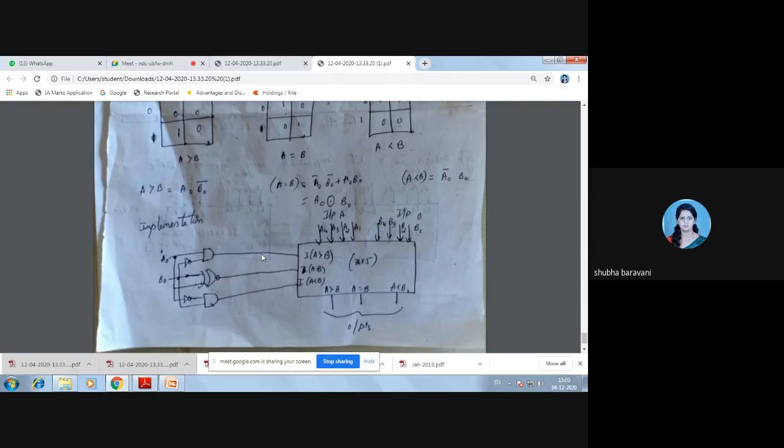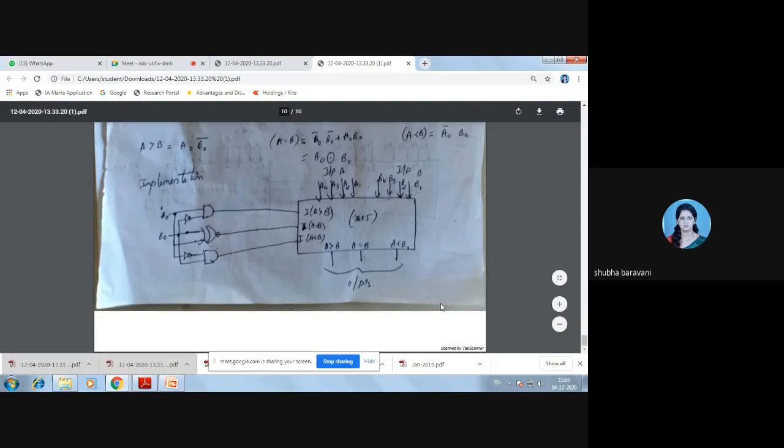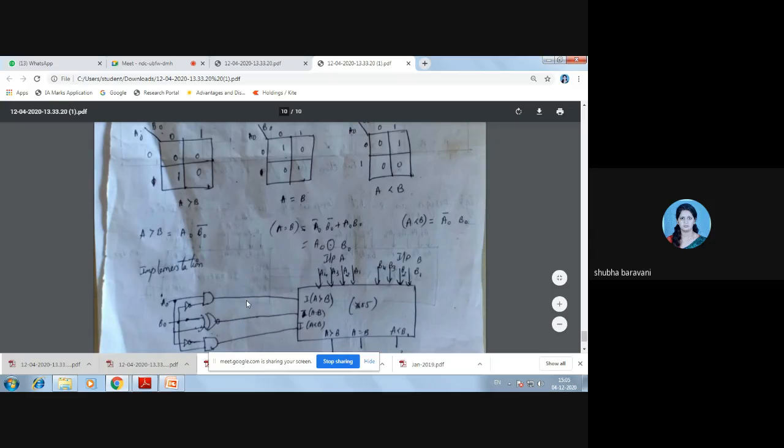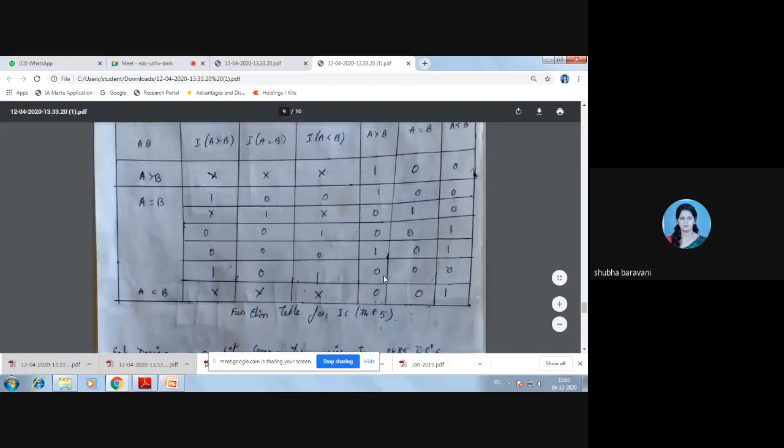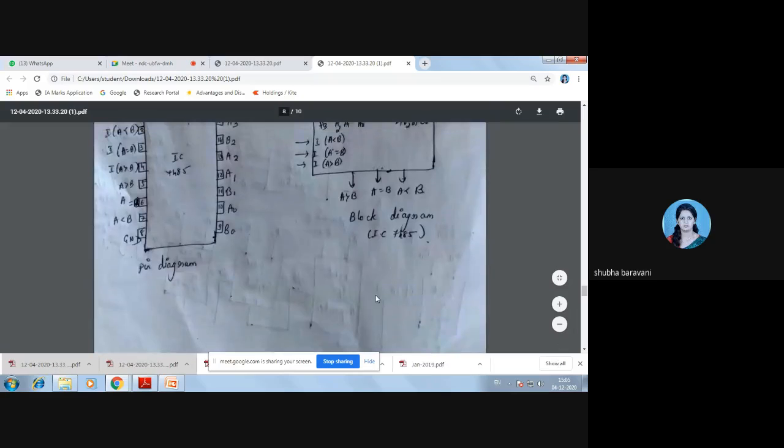Is that understood for today? Today we have done comparators, is that understood? Yes, ma'am. Okay, right. So this is all about comparators, and from previous year question papers I have covered almost all the numericals. You can go through them, and if any discussion is needed, we'll do it in the next class.